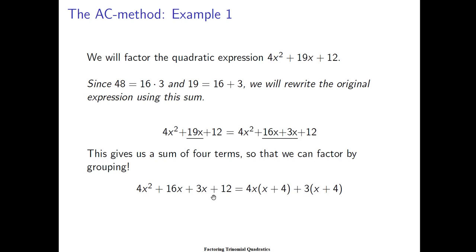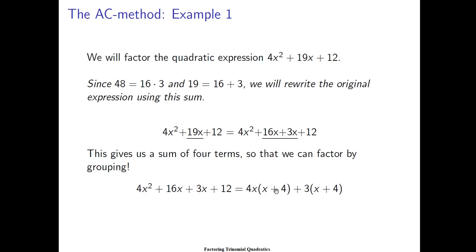For the last two, 3x plus 12, well, 12 is divisible by 3, so I've pulled out a 3 out front, and I am left with x plus 4. This is looking nice because now we've gone from 4 terms into 2 terms separated by an addition sign.